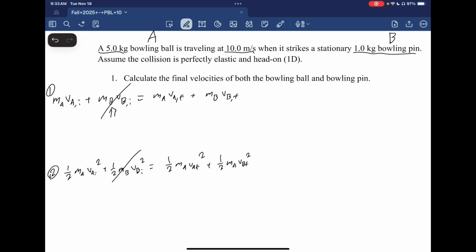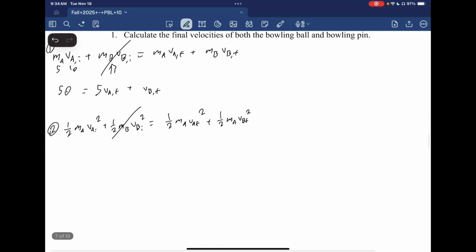We know the initial mass of A is 5, and the initial velocity of A is 10. So 5 here, 10 meters per second here, we have 50 equals the mass of A, which is 5, times the final velocity of A, plus the mass of B, which we know is just 1, times the final velocity of B. So that's one equation.